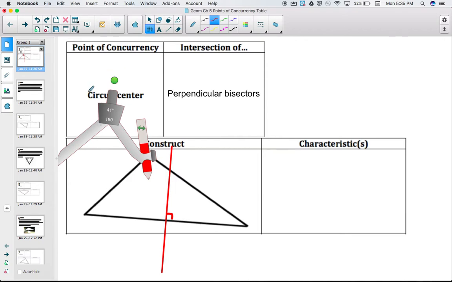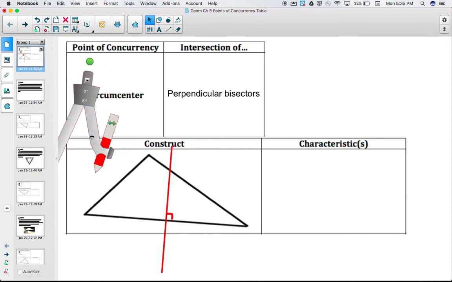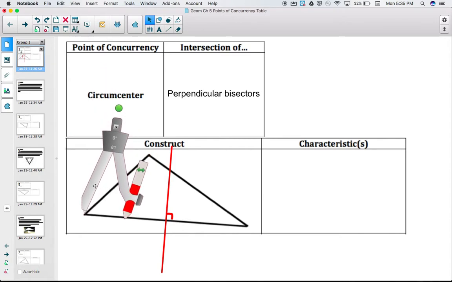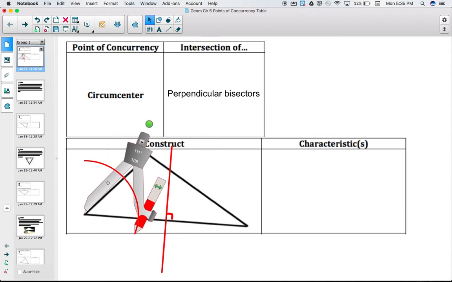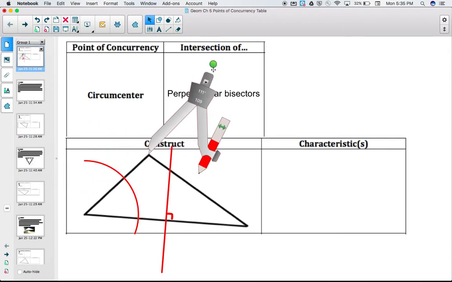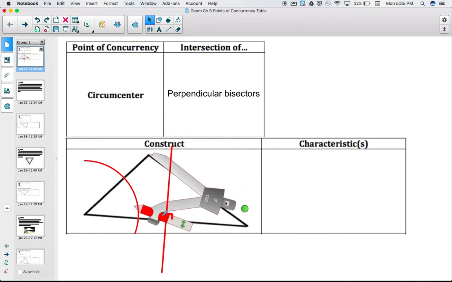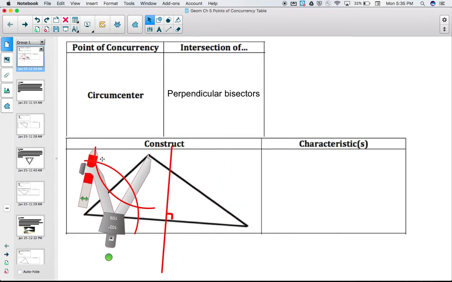Okay, let's go ahead and do that same process on the other side on the left here. So adjust your compass so it's a little more than half. Draw yourself this arc. Move to the other end of that segment, and draw a second arc.